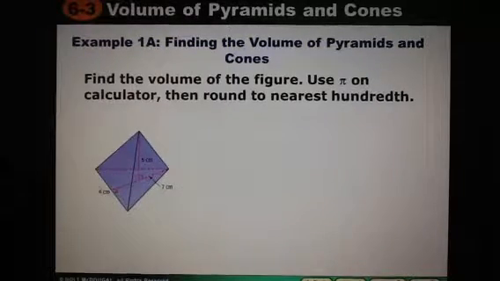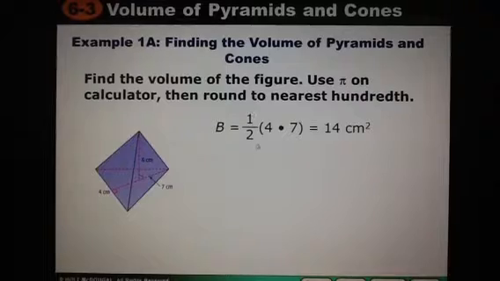So for this first triangular prism, we're going to find it. We don't need to worry about pi in this one because it's not a cone, but we're going to take 1/2 the base times the height, and this base is a base of 4. That would be a little b in the formula if you had it. The big B means the base area.